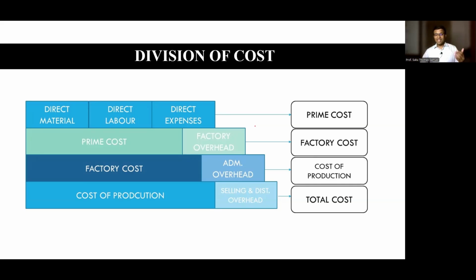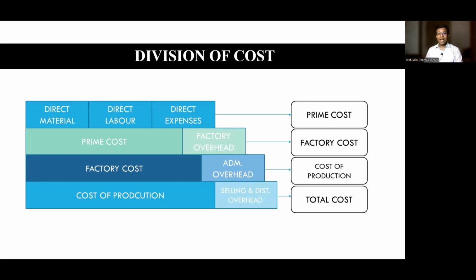So if you have indirect material, indirect expenses, or indirect labor at factory, all that is put together as factory overhead. If you have indirect material, indirect labor, indirect expenses as a result of your administrative activities, that is referred to as administrative overhead. If you have indirect material, indirect labor, indirect expenses as a part and parcel of your selling and distribution activity, that is referred to as selling and distribution overhead.